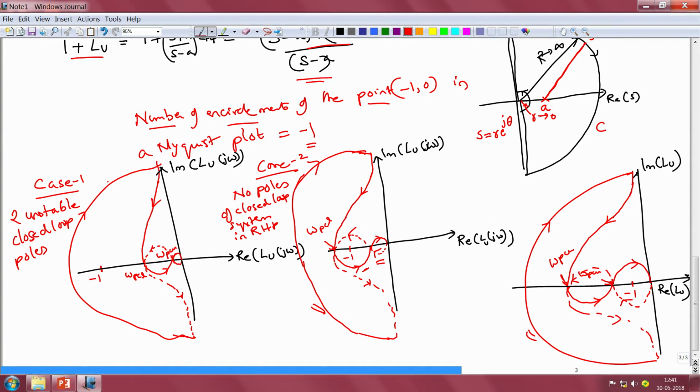And what this indicates to us is that once again in case 3, just as with case 1, we would have two unstable closed loop poles, or two zeros of the transfer function 1 plus L(u) on the right half of the complex plane. So, two unstable closed loop poles.